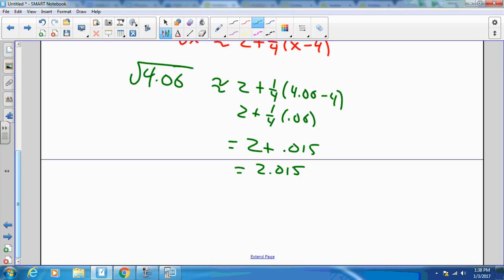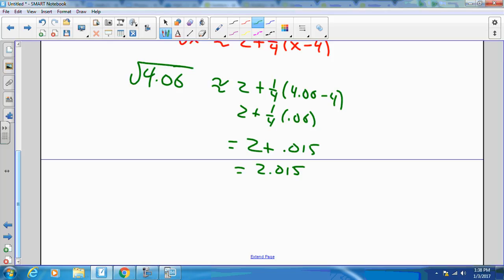And we get 2.015. What's the actual square root? 2.0149. In other words, basically correct within 4 decimal places. And I didn't have to work hard at all. All I needed was a single tangent line estimate.